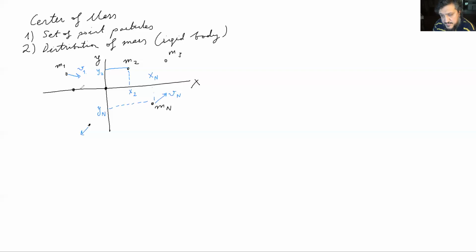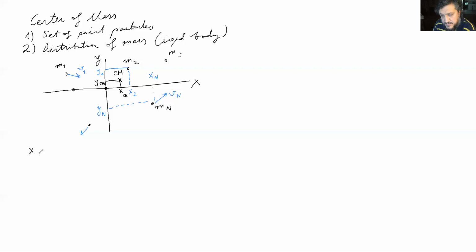All right, so let's start with the point particles. I'm just going to give you the definition. So this point right in the middle, let's say somewhere around here, let this be our center of mass. I'm going to put a cross here. Okay, so it's got the coordinates x and y.